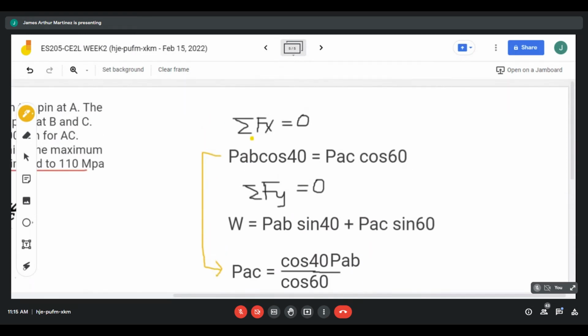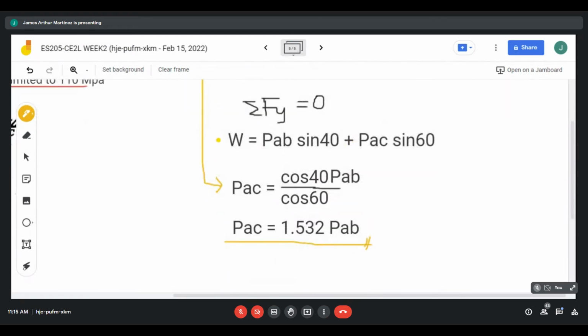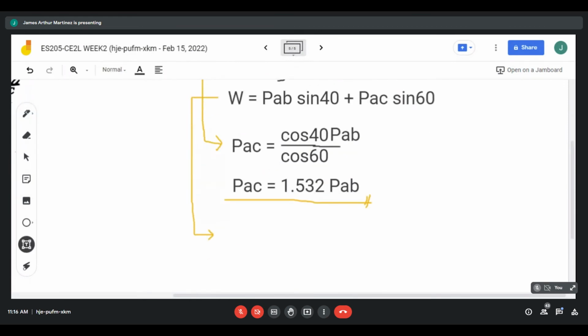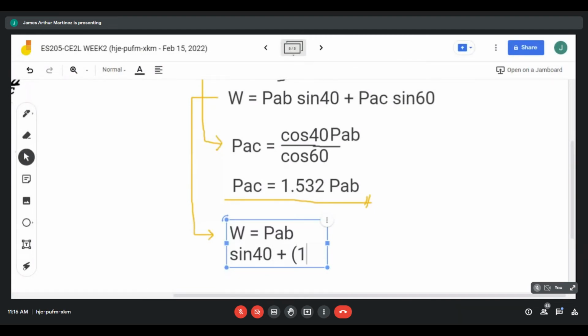So we substitute this in the equation generated from the summation of forces on the y-axis. W is equal to PAB sine 40 plus PAC, which is 1.532 of PAB, sine 60.